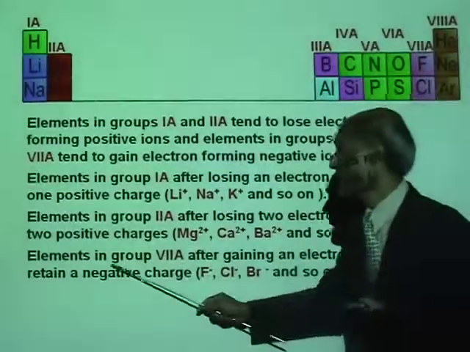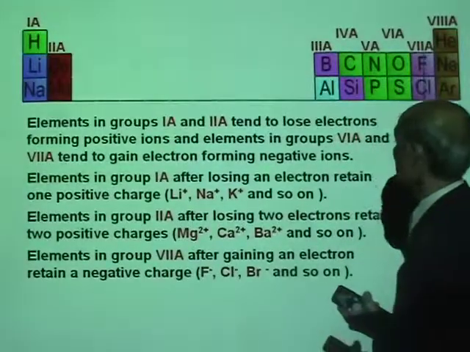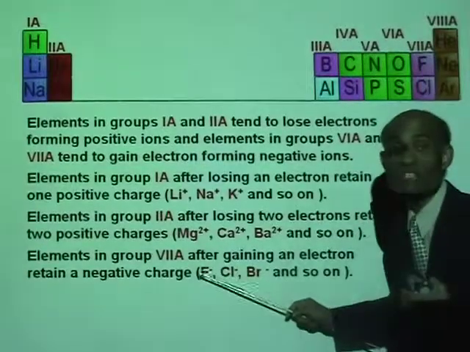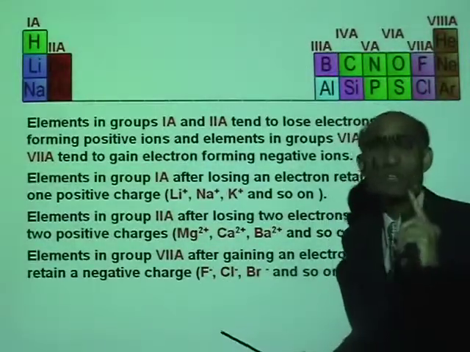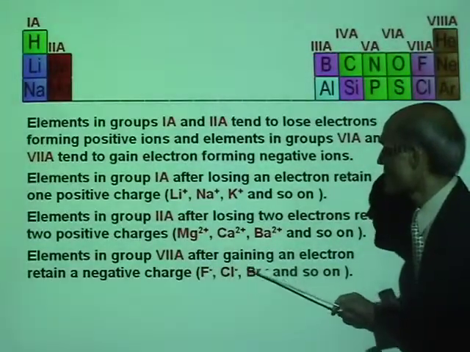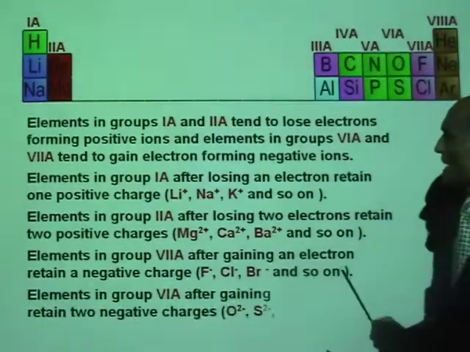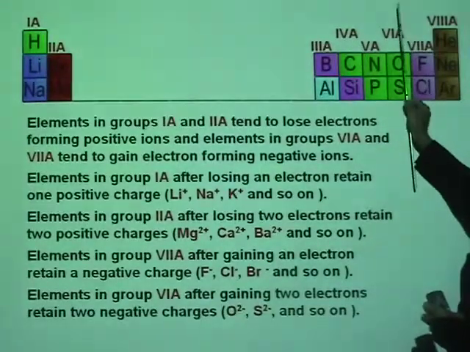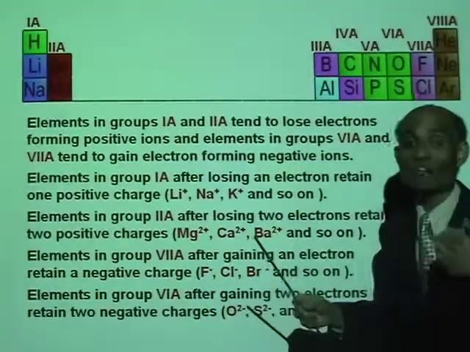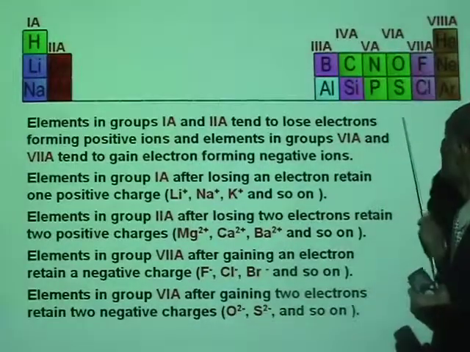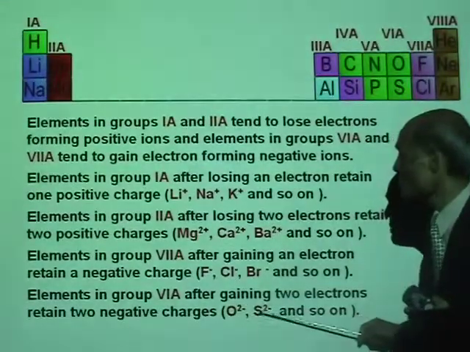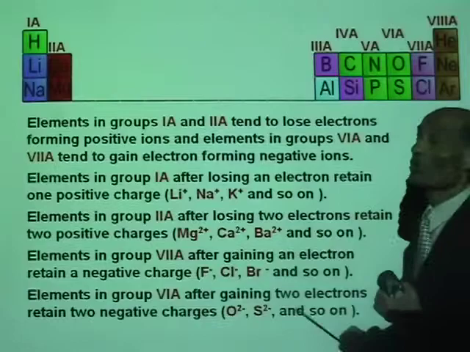In the same way, elements in group 7A will gain 1 electron, forming negative ions carrying 1 unit of negative charge. F 1 negative, chlorine 1 negative, bromine 1 negative, and so on. Similarly, elements in group 6A will gain 2 electrons. Each ion in that group will have 2 excess negative charges. O 2 negative, S 2 negative, and so on.